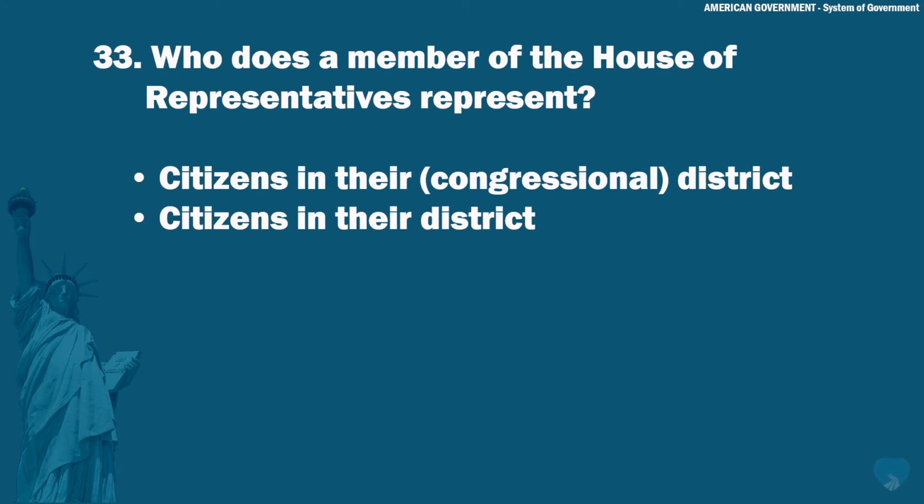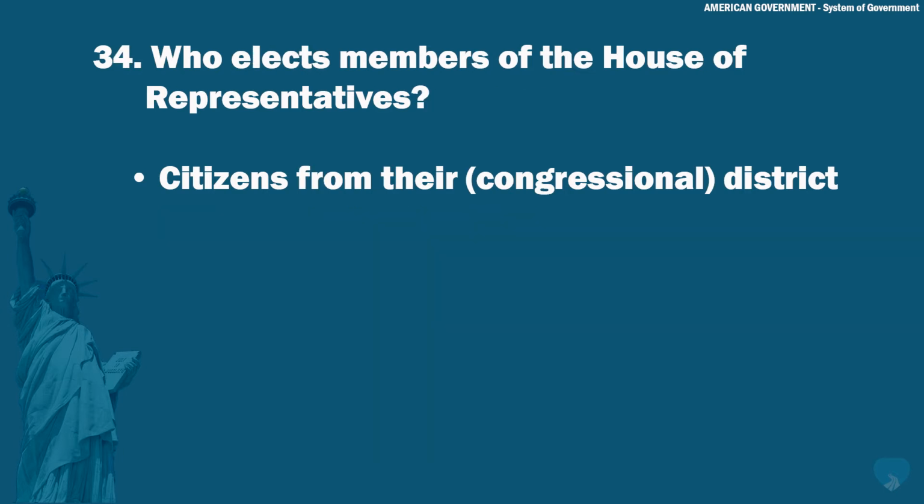Who does a member of the House of Representatives represent? Citizens in their congressional district. Citizens in their district. Question 34. Who elects members of the House of Representatives? Citizens from their congressional district.